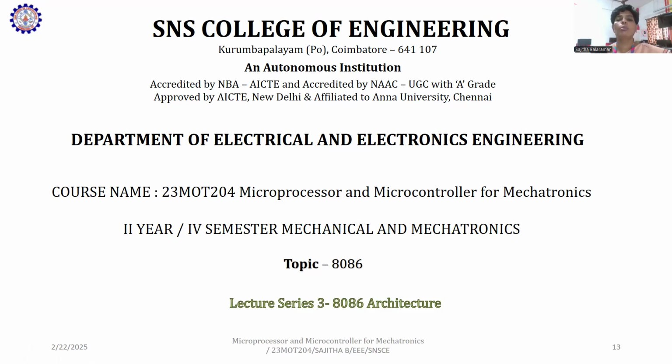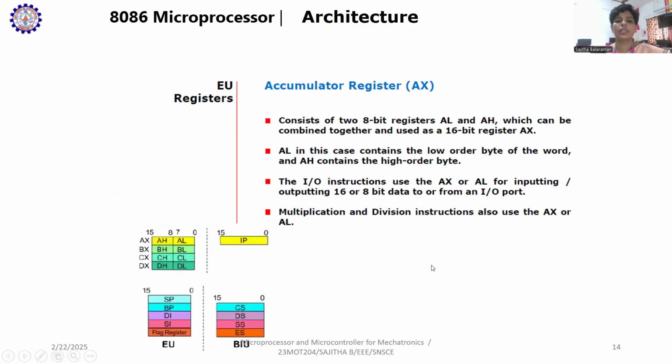So now moving into the different types of general purpose registers. Let us see each register in detail. Now coming to the accumulator register, or the AX. This consists of two 8-bit registers, AL and AH, which can be combined together and used as a 16-bit register.